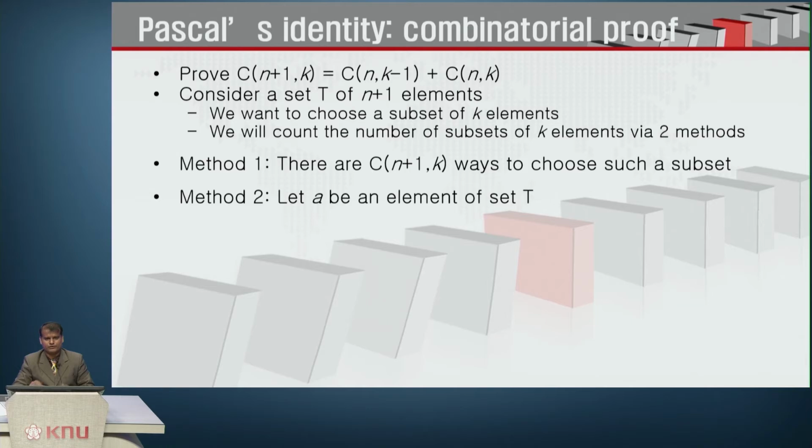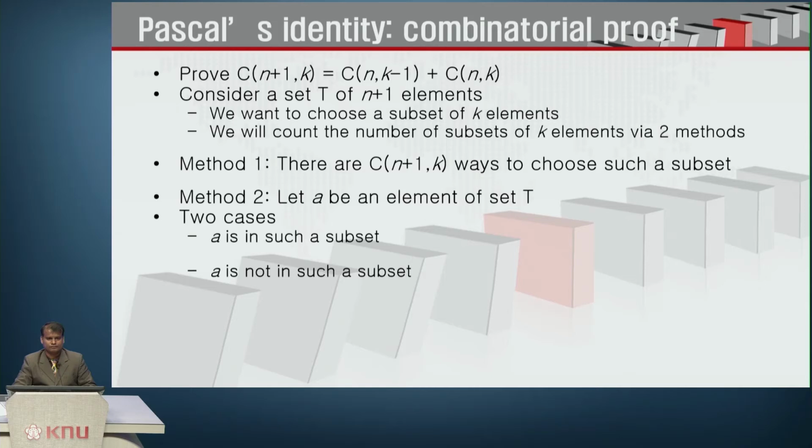The first method is C(n plus 1, k) ways to choose the subset. Method 2 is to let a be an element of set T. In that respect, either a is in the subset, or a is not in the subset.